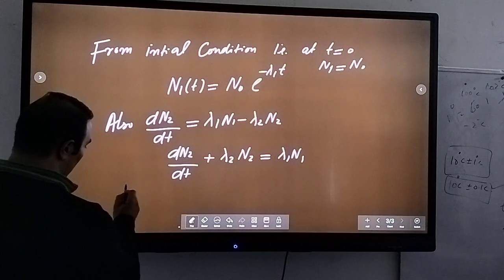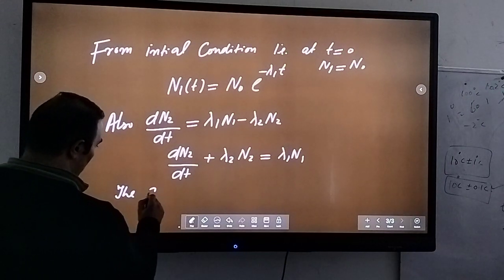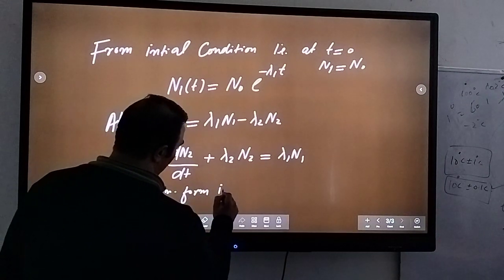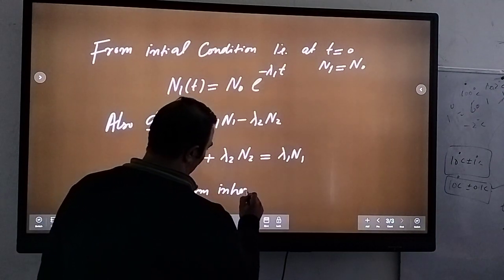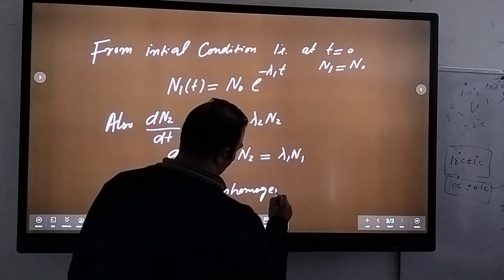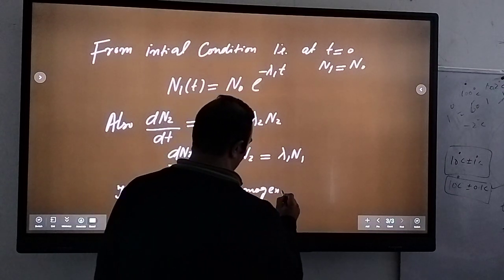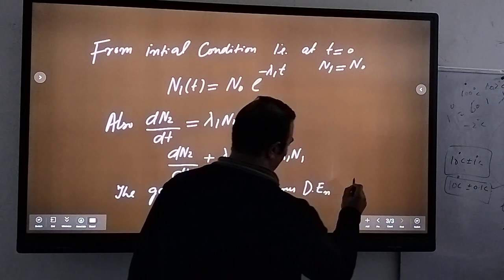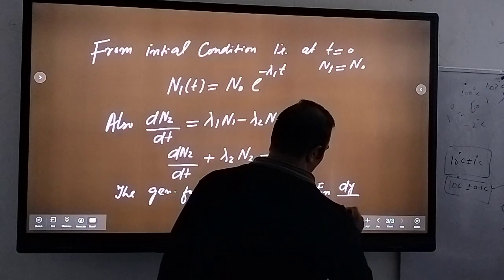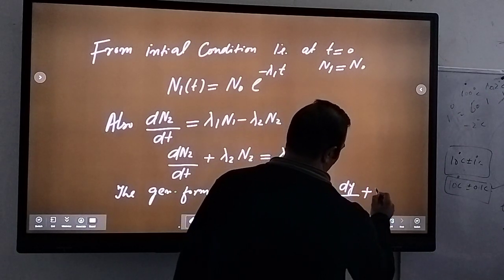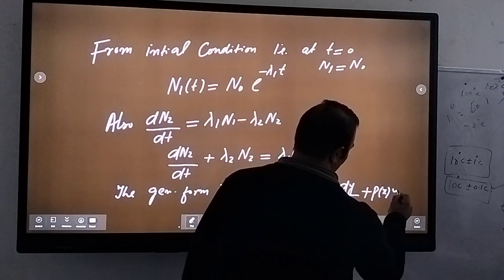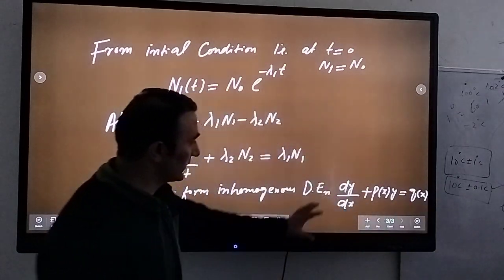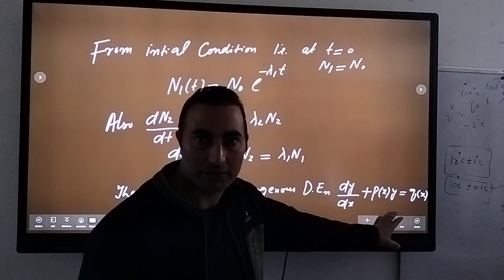So we have the general form for an inhomogeneous differential equation, that is dy by dx. This is the general form for this inhomogeneous differential equation.